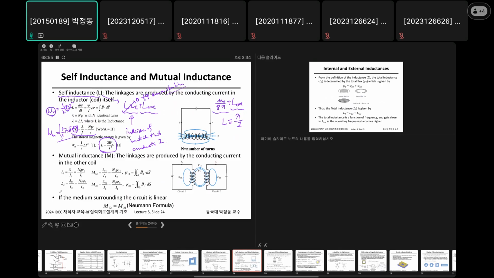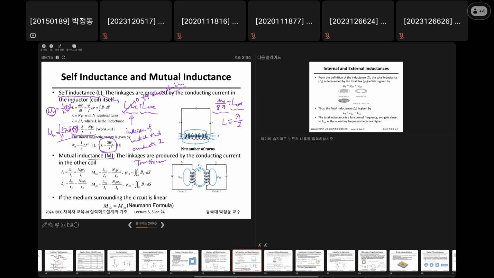Now, other than self-inductance, mutual inductance is also very important, especially for transformers. The definition of mutual inductance is given as this figure shows.